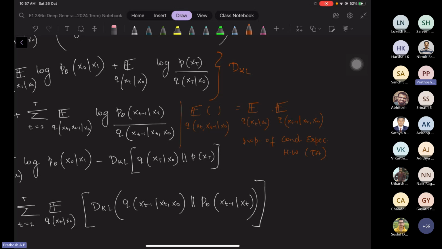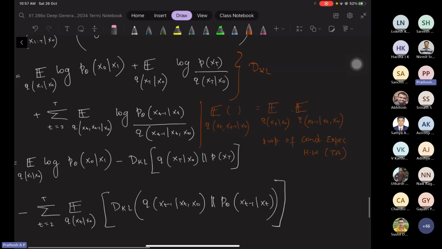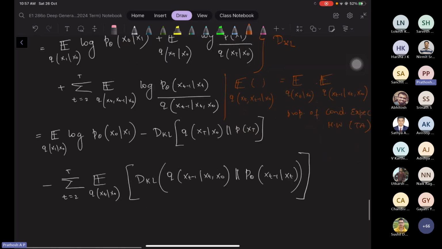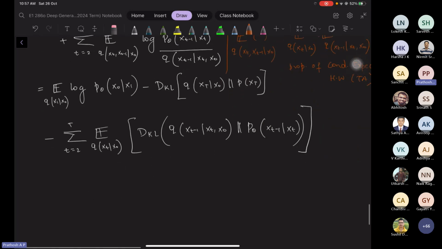Is that all right? Do you see how we got the third term? Any questions on this? Okay, so that's it. We have to now interpret this and compute this.